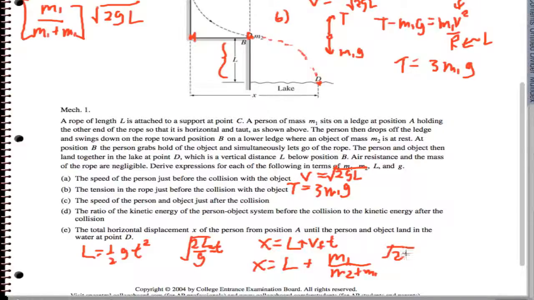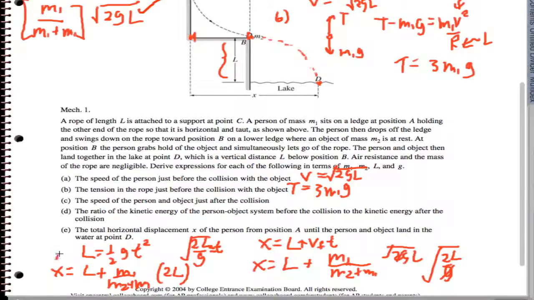The square root of g cancels, and when I simplify this, x is going to be L plus m1 over (m2 plus m1) times 2L right here. I could put this over a common denominator, but I'm happy if you leave it like this.